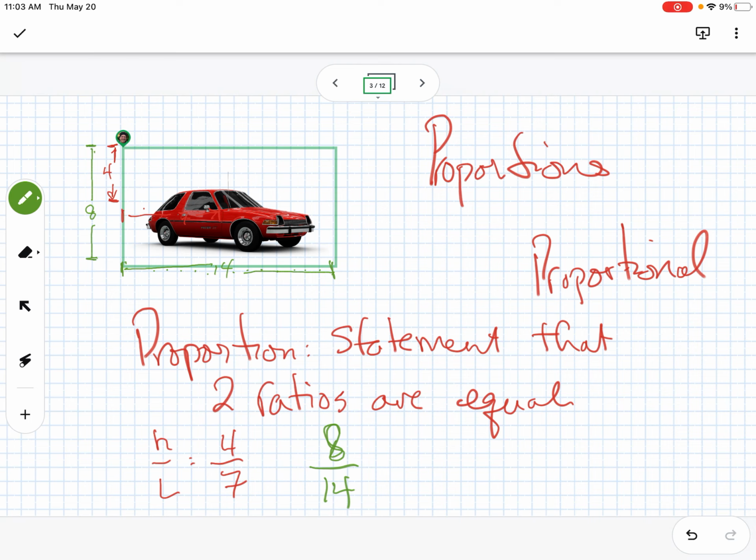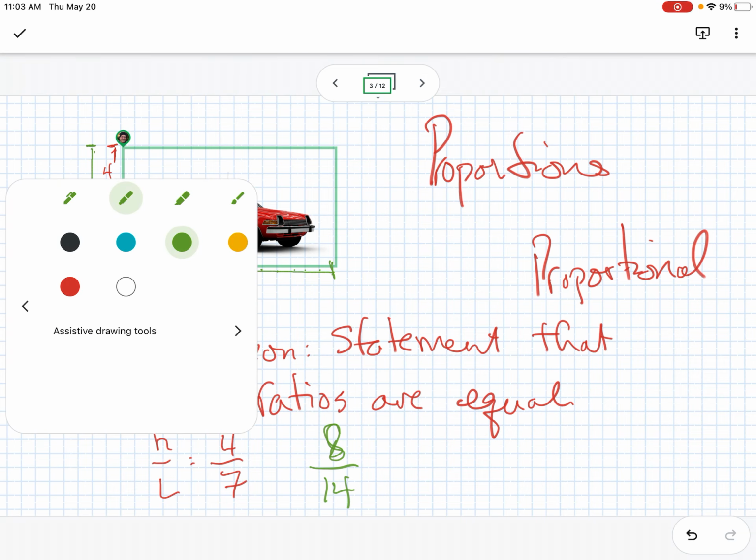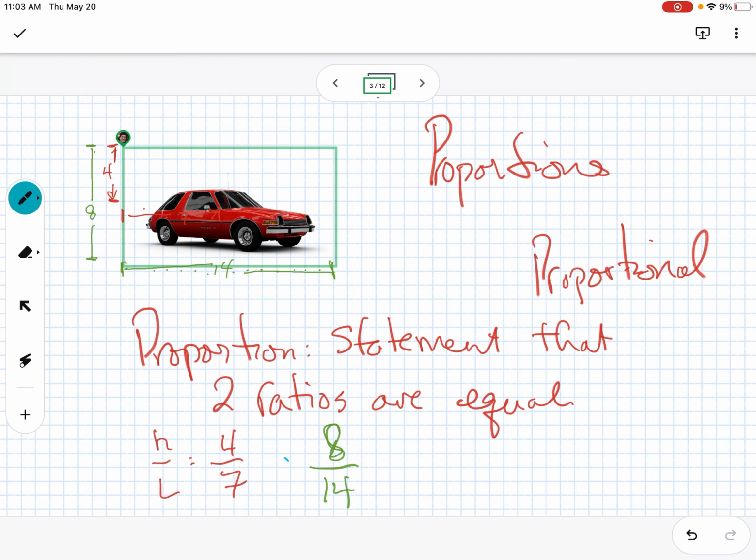Now, it's not a proportion yet. I definitely have two ratios, but this has to be true. And I know that's true. So I'm going to put the equal sign here. Now I have a proportion. A proportion is a statement that two ratios are equal. Here's ratio number 1. Here's ratio number 2. The ratios are equal. That's a proportion.